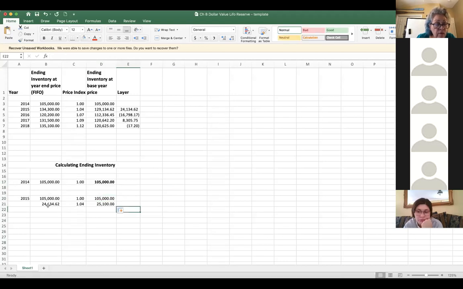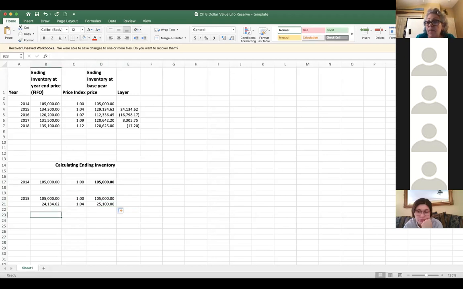And the layer that I added in 2015 at its price gives me a Lifo price, a DVL price of 25,100.